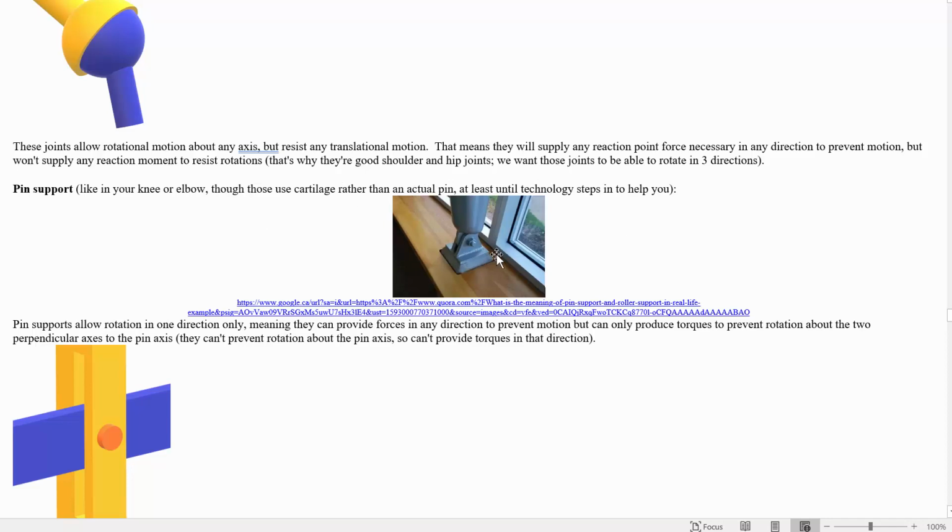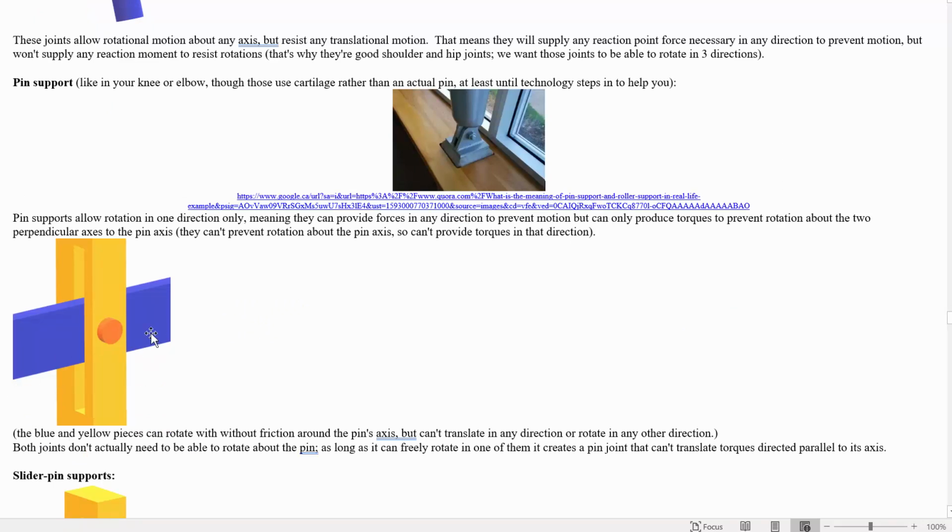So this is the kind of support like this, where you've got something that allows rotation, but only about one axis. So it doesn't allow any translations, just rotations. You might have it envisioned like this, where you've got one solid piece and then another one, and they're frictionless in between them, and there's a frictionless pin that's going through one and into the other one.